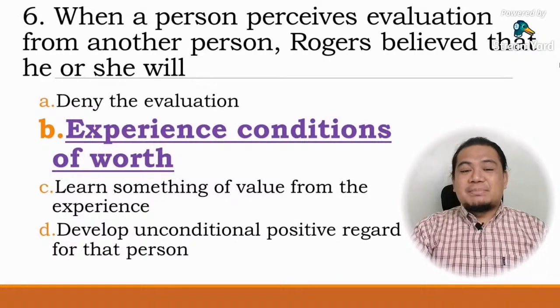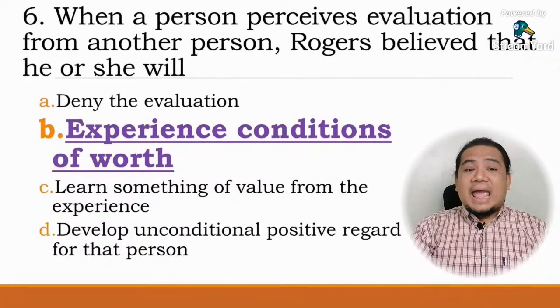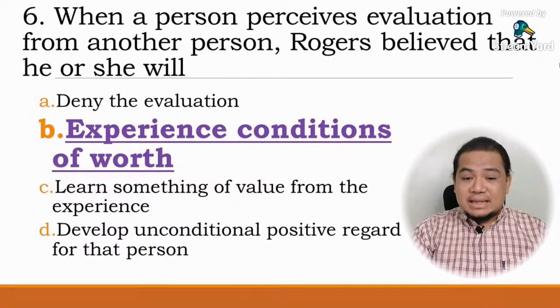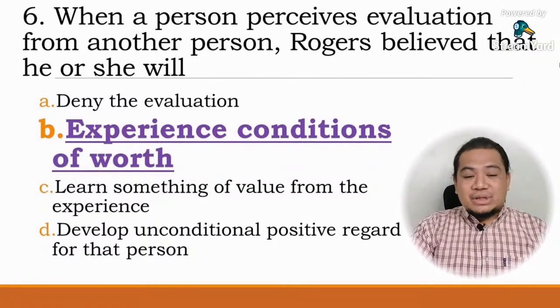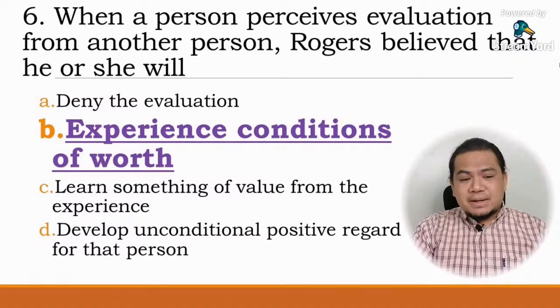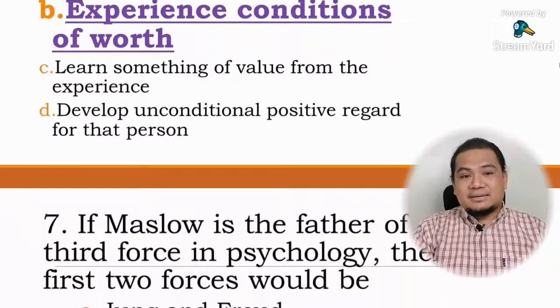That is, they perceive that their parents, peers, or partners love and accept them only if they meet these people's expectations and approval. A condition of worth arises when the positive regard of significant other is conditional, when the individual feels that in some respect he or she is prized and in others not.